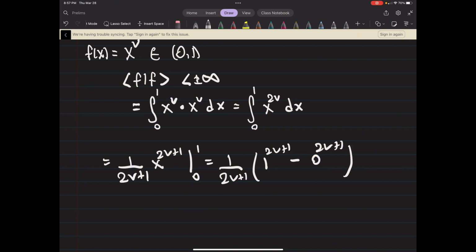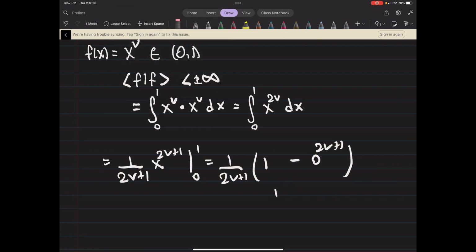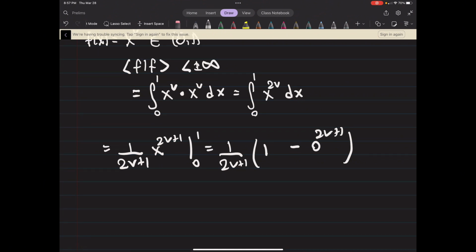Okay. So now this part is obviously going to be just 1. So I'll just write it like this. And what we're looking for, if we look at this term, the power 2v plus 1, we want to make sure that that is greater than 0.